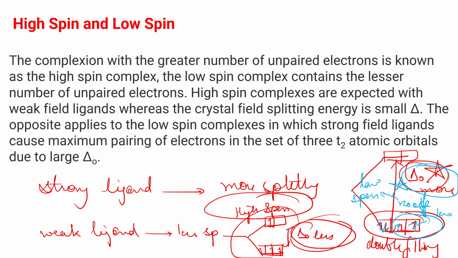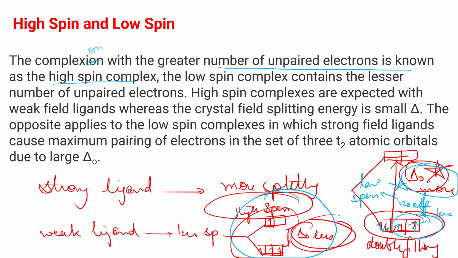So the complex ion with a greater number of unpaired electrons is known to have high spin. Here in the less splitting case, the number of unpaired electrons is more, so it is a high spin complex.